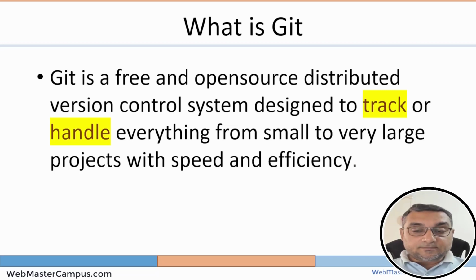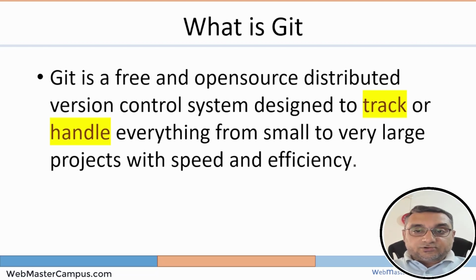Distributed control system, like there is a central repository, but each developer or programmer or designer has their own repository on their local machine, and they can commit their changes to the local machine, and whenever they need it, they can push their changes to the server or remote repo.